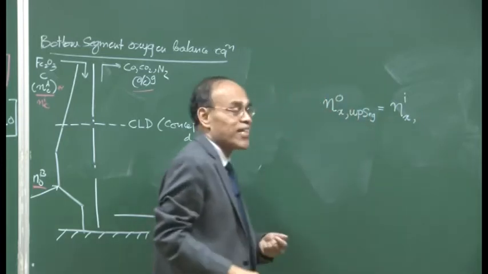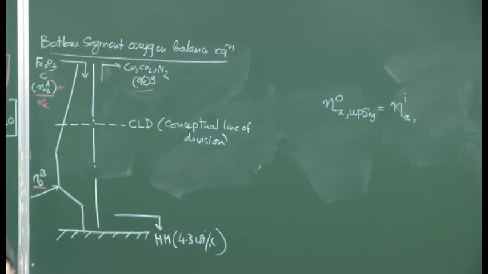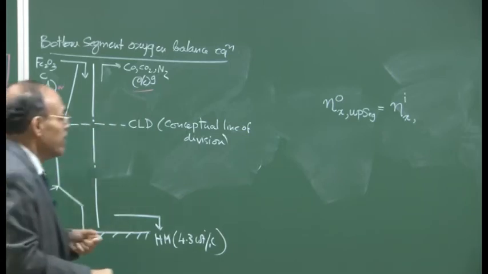Continuity of mass and heat flow across the conceptual line of division, that you must respect, and then you can put this line anywhere you want, but we will show you where that conceptual line of division is located in the blast furnace.